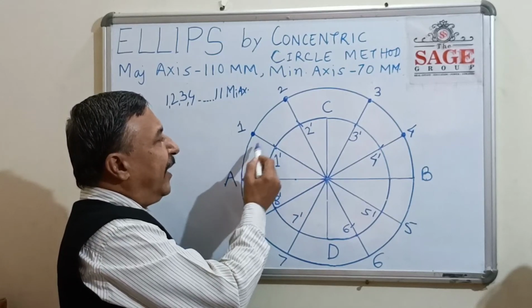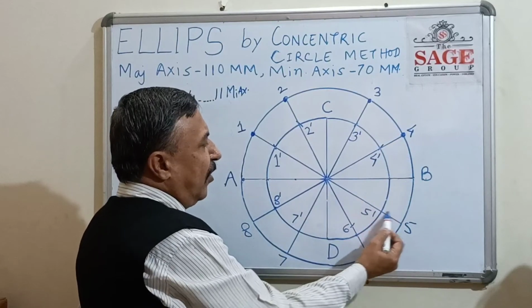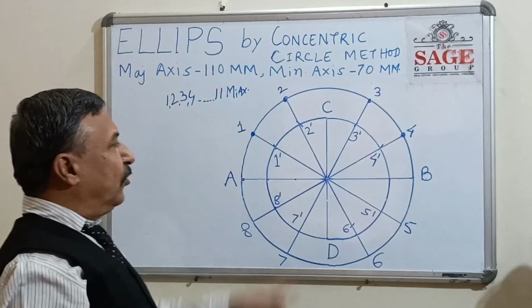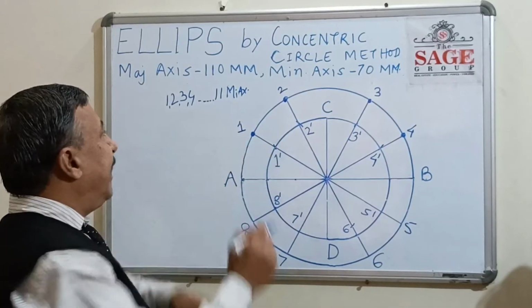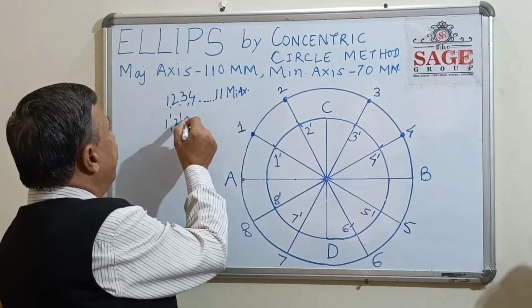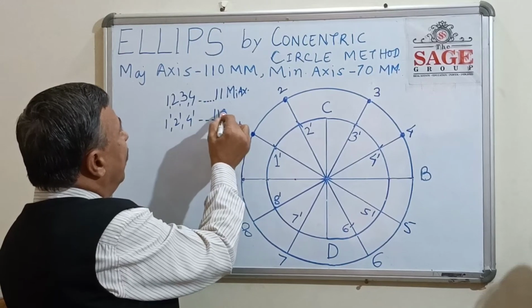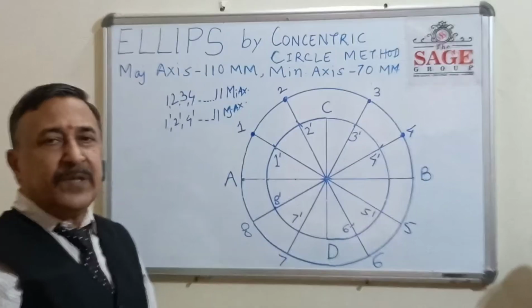So horizontal lines through these points, parallel to the major axis. Okay.